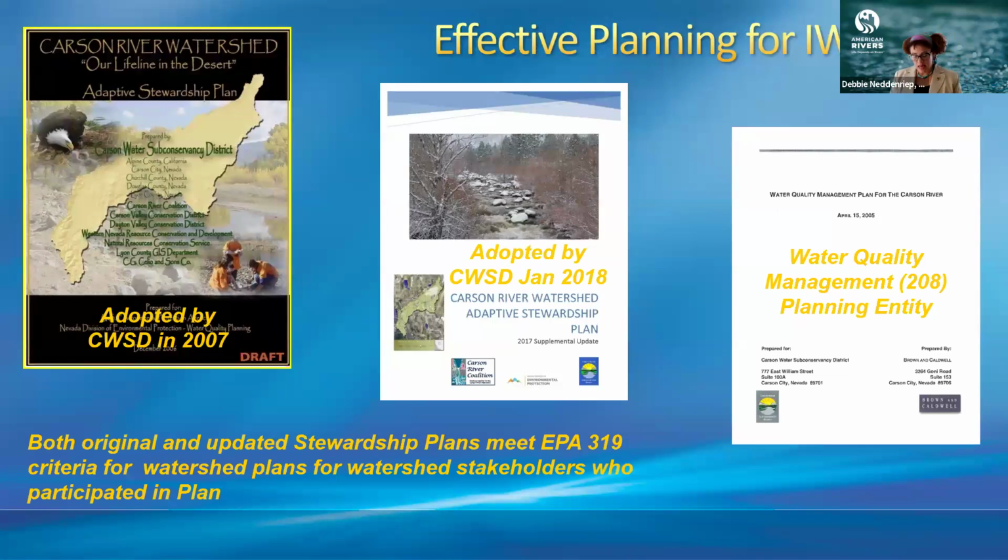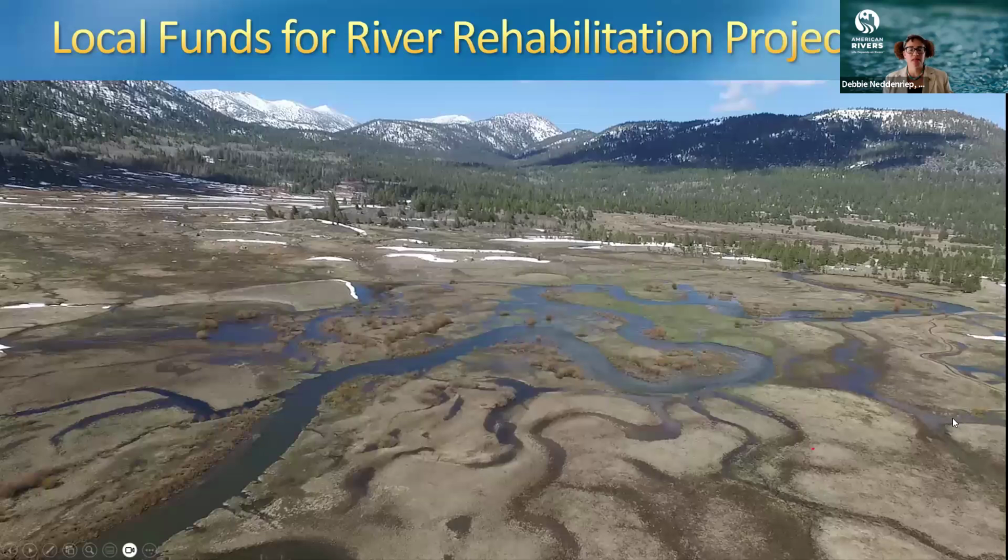So next slide, please. So some of the things we do, I mean, it's all interrelated. This is the floodplain in Hope Valley. So we have long supported conservation districts, Alpine Watershed Group, River Wranglers Environmental Education Group, with local dollars for river rehabilitation programs.